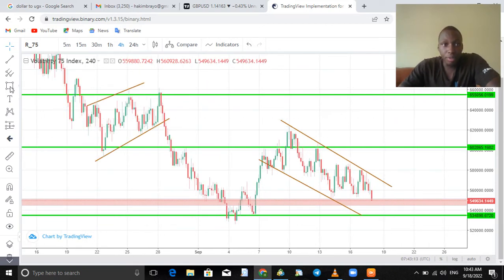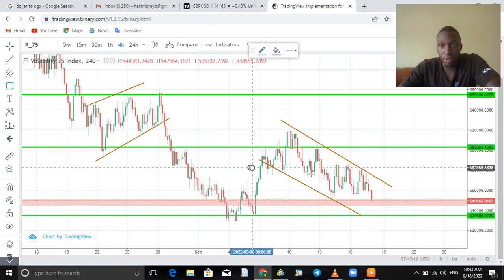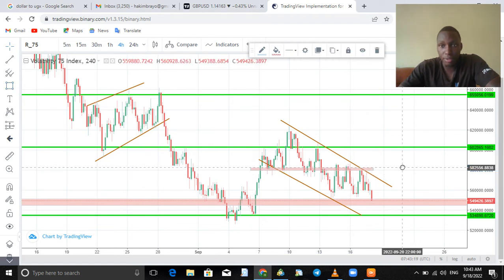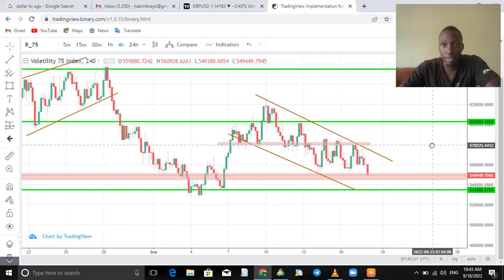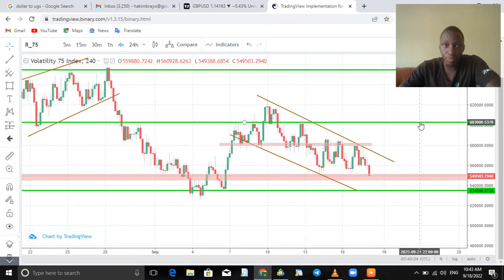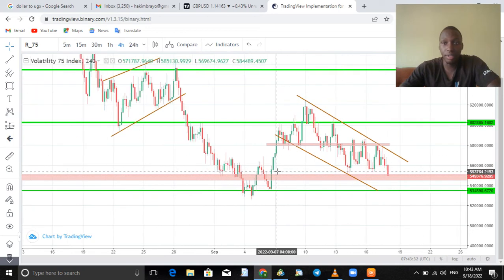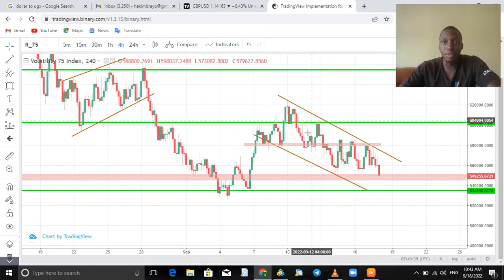Now we have been experiencing a lot of weak rejection around this level. Why? This pair has been respecting our resistance levels. Whenever it comes to these resistance levels, you find there is a lot of pressure from the sellers pushing the price to the downside. Now we had a head and shoulders pattern.